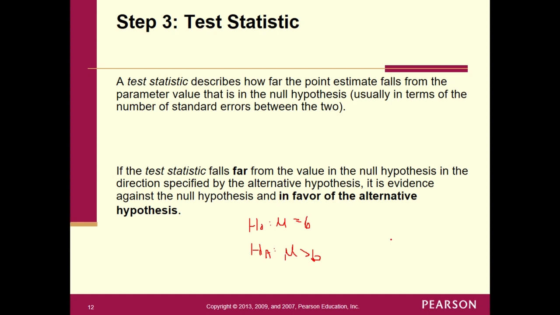We take our random sample, and we calculate our test statistic, and let's say our test statistic turns out to be pretty far away from the value in the null hypothesis.